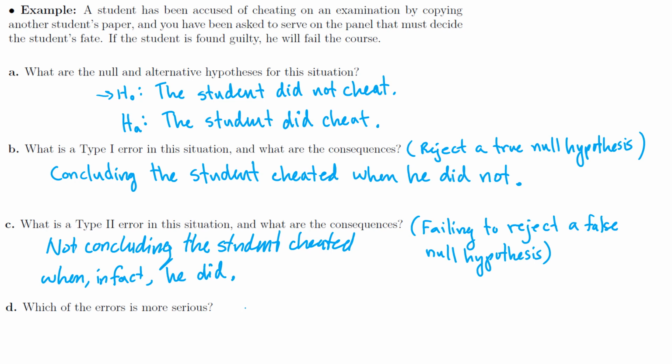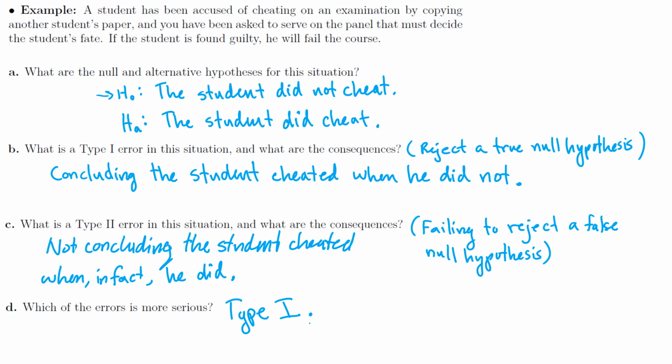And I would agree with you. If we conclude the student cheated when he didn't, then you give the student an F in the class and it is not justified. That's really unjust.